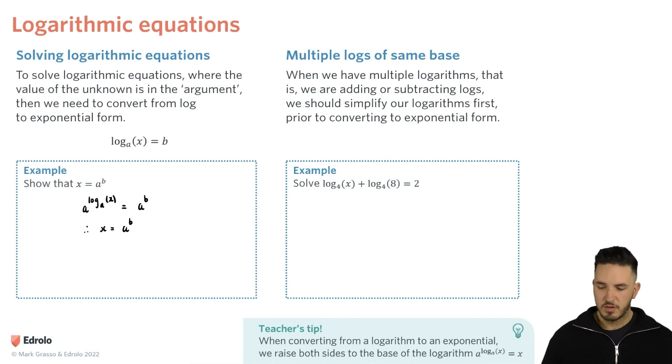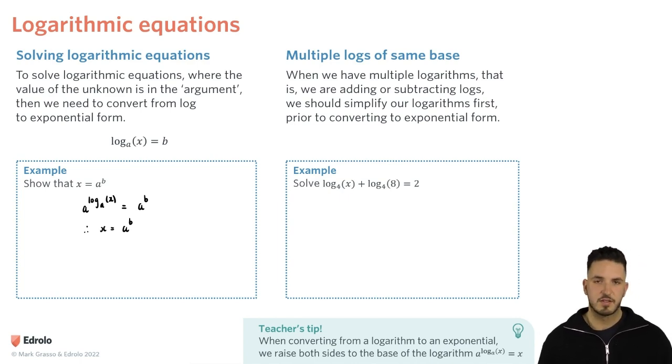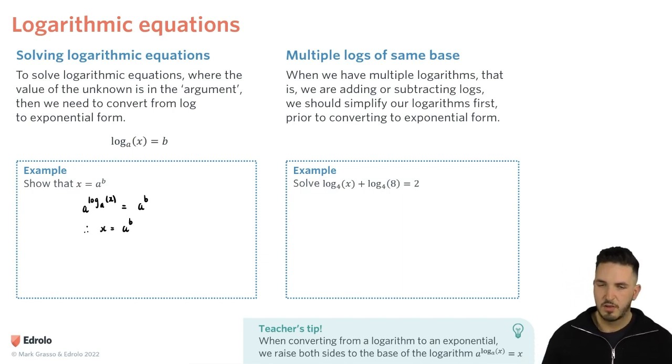When we have multiple logs of the same base, we either want to add or subtract. We want to simplify first before we go into converting to exponential form. So looking at this example, solve log 4 of x plus log 4 of 8 equals 2. The first thing we want to do when we're adding logs is we want to multiply.